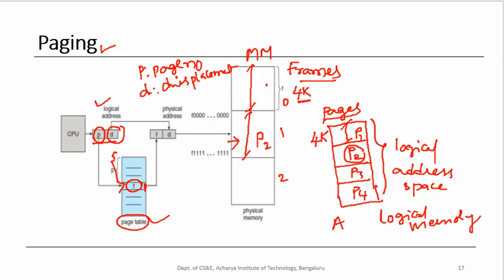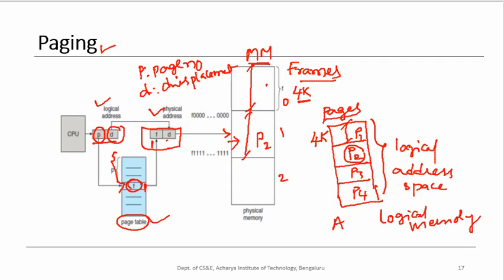Using P we get the frame number, and we make use of that frame number and the displacement D to construct the physical address, which is used to refer to a particular memory location in the main memory. So this is the basic concept behind paging.